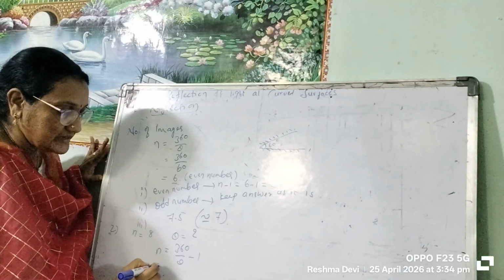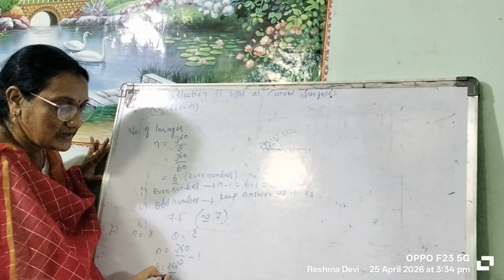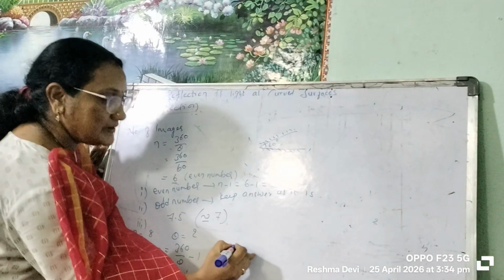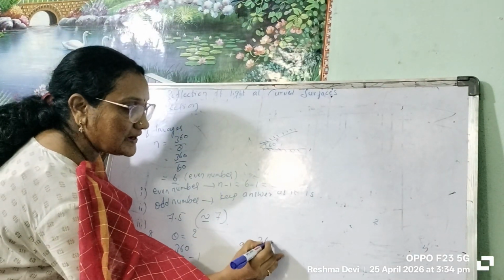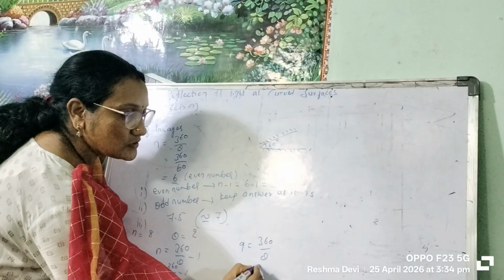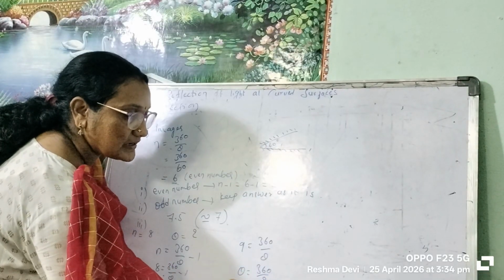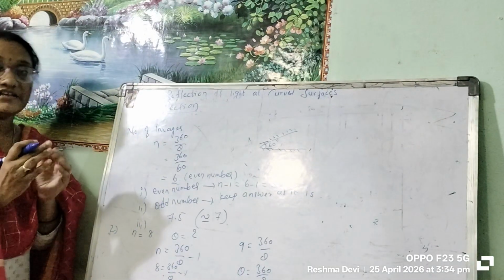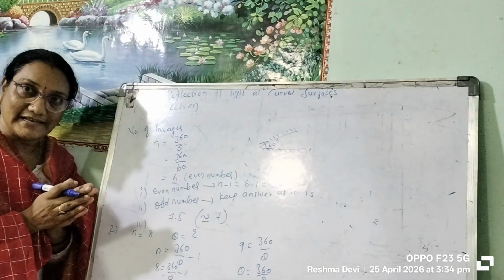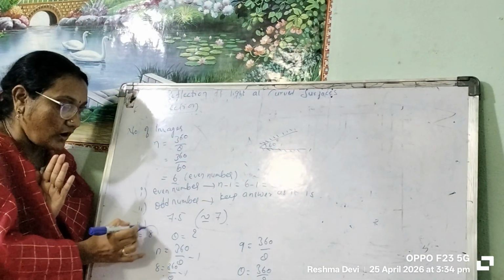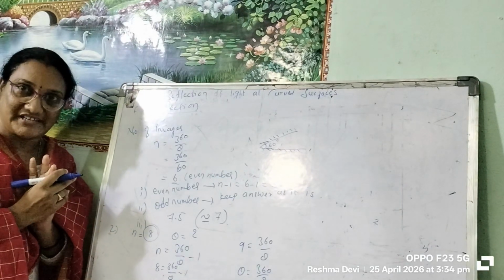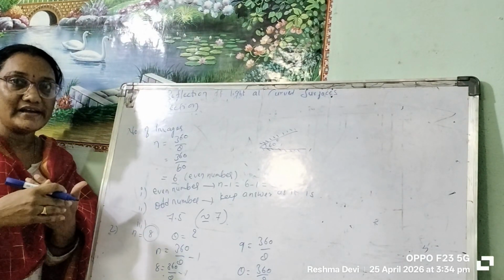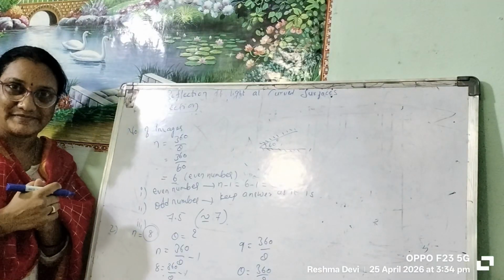So n is 8, 360 by theta minus 1. 1 you bring to this side, 8 plus 1, 9, 360 by theta. So theta equals 360 by 9. That is, the mirrors are arranged at a 40-degree angle. Then we got 8 images. So in this way, we will find the number of images.